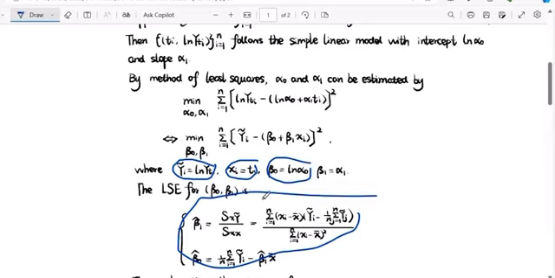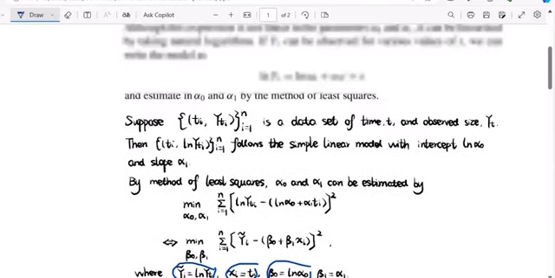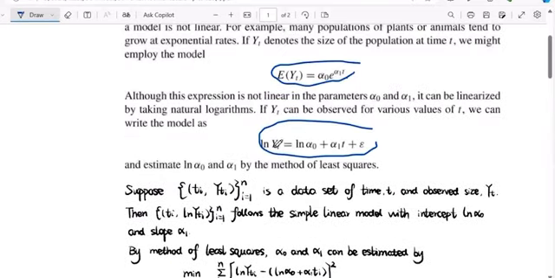Okay, and if you take a look at the model here after transformation, this is the same as beta naught that we know about plus beta 1 t, plus the error.